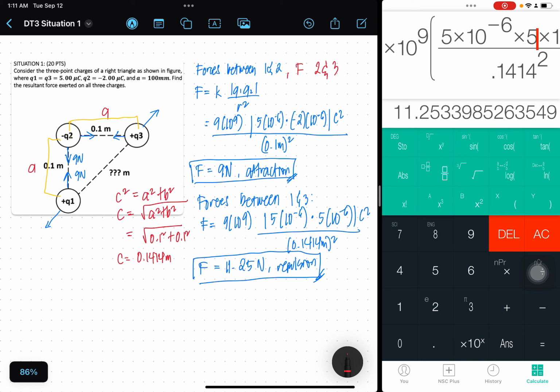I will not write it again because they are the same. Double check for symmetrical values in your diagram in exams or quizzes. That helps save time in solving. After getting all of them, let's erase first. Please take note of the force between 2 and 3.